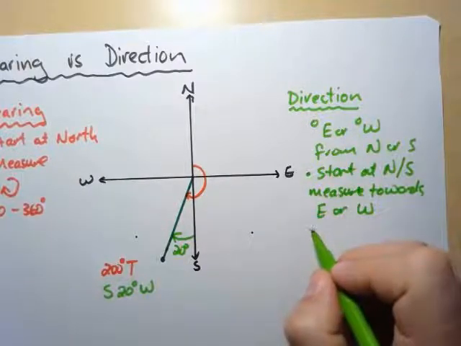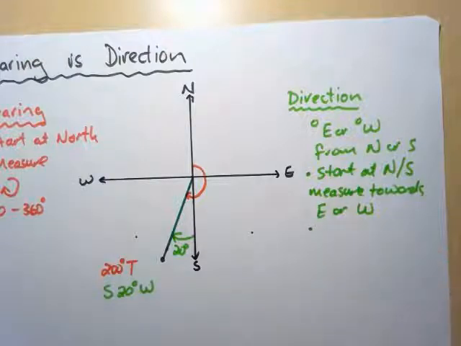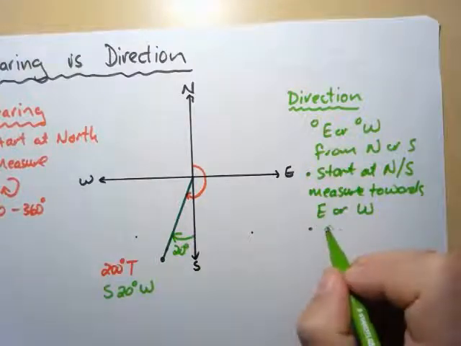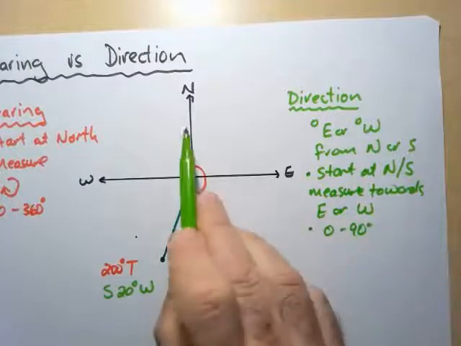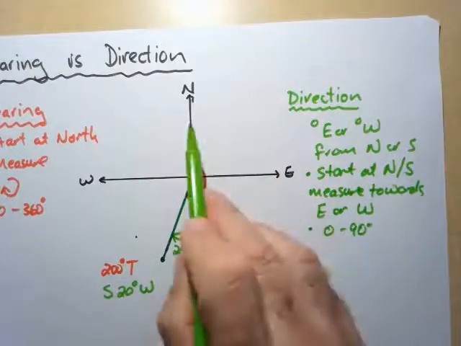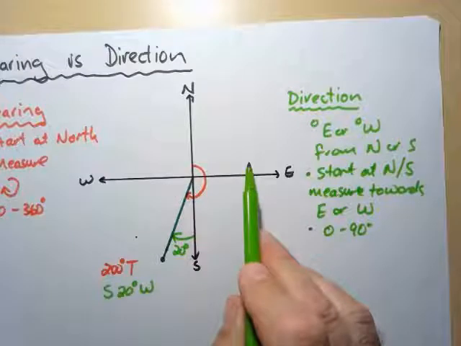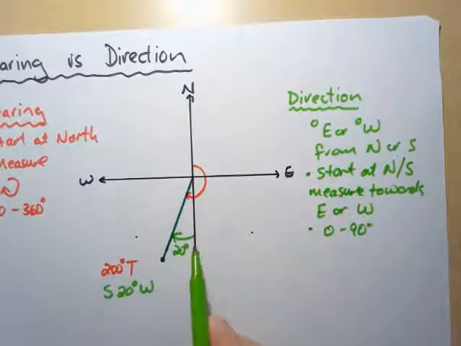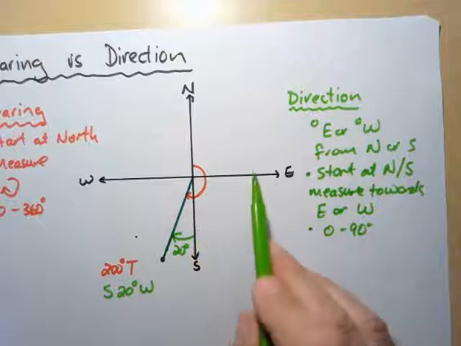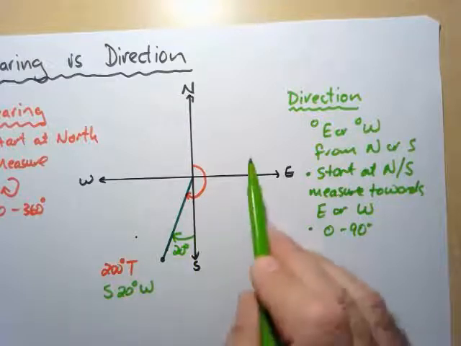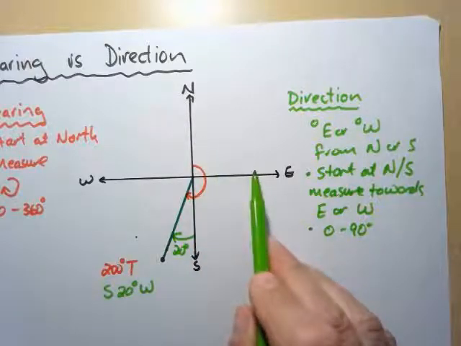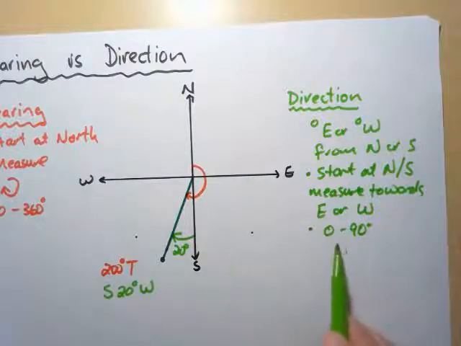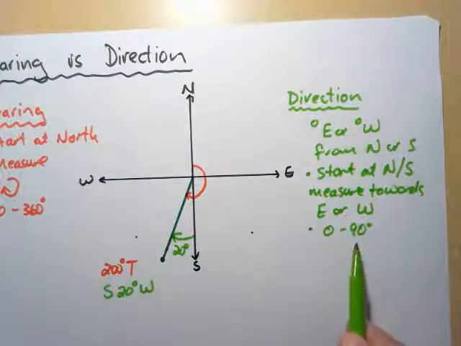My range will always be 0 to 90 degrees. If it's in here, it will be north, something towards east. If it's here, it will be south, something towards east. It can never be more than 90 degrees, because if I go past 90 degrees, it will then be north towards east. So my direction is always between 0 and 90 degrees. It has either north or south in the front, and either east or west in the back.